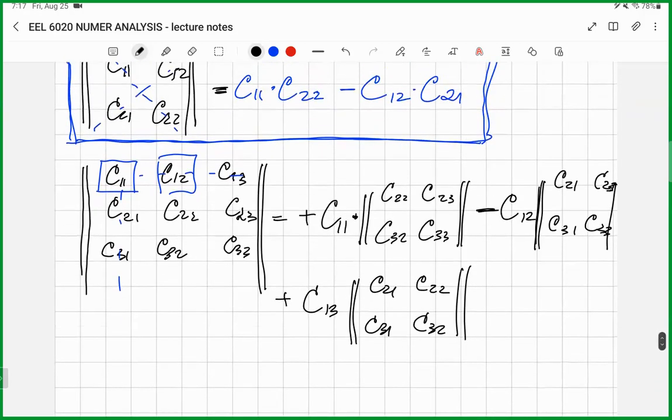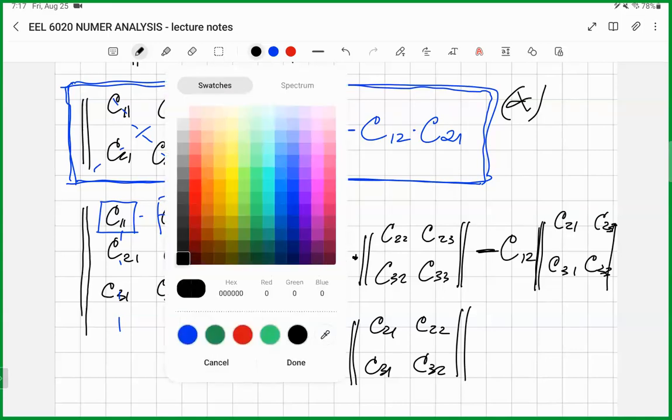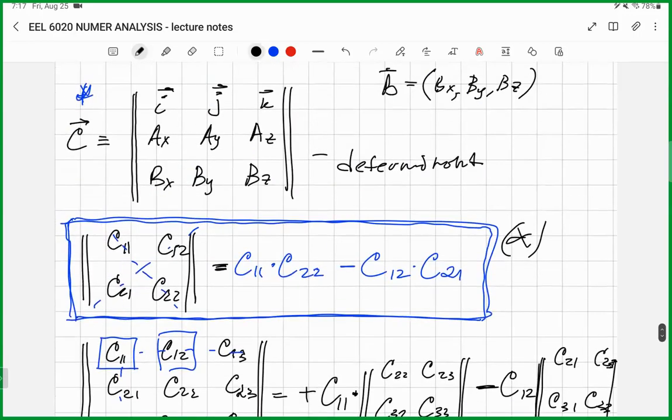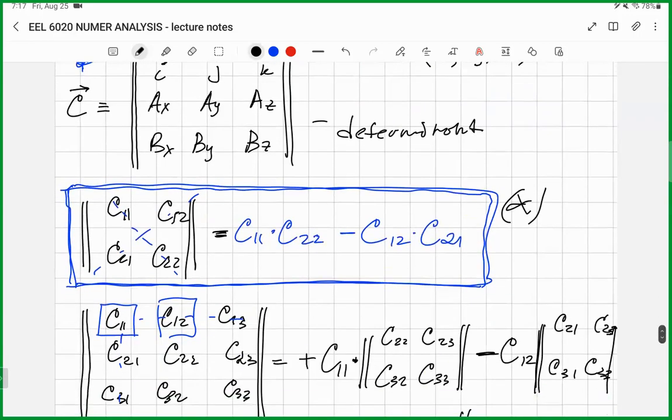Okay, and then we've got these 3 determinants which are 2 by 2. We can use the formula above to expand them and get the final formula. So after you do this calculation, you get this formula for the cross product above.